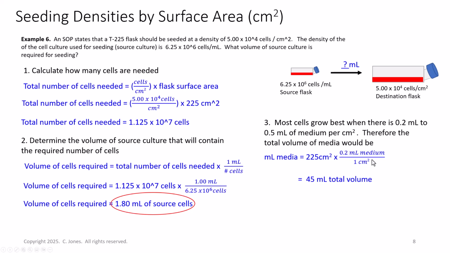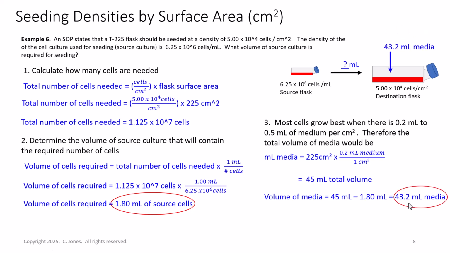And again, this number, I just chose it arbitrarily, but partly I chose a smaller number to just show you how much it decreases the volume. So here we need 45 mil total volume. So the volume of media to add will be 45 mils minus the volume of source cells, 1.80, or 43.2 mils of media. Okay. And then again, we add the media into the flask first, and then we add the source cells, and then we move this back and forth and side to side in a linear fashion to uniformly disperse the cells.